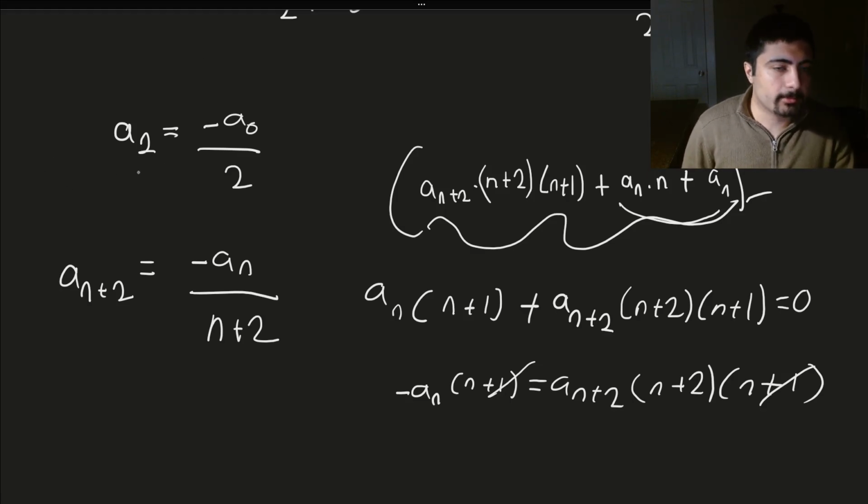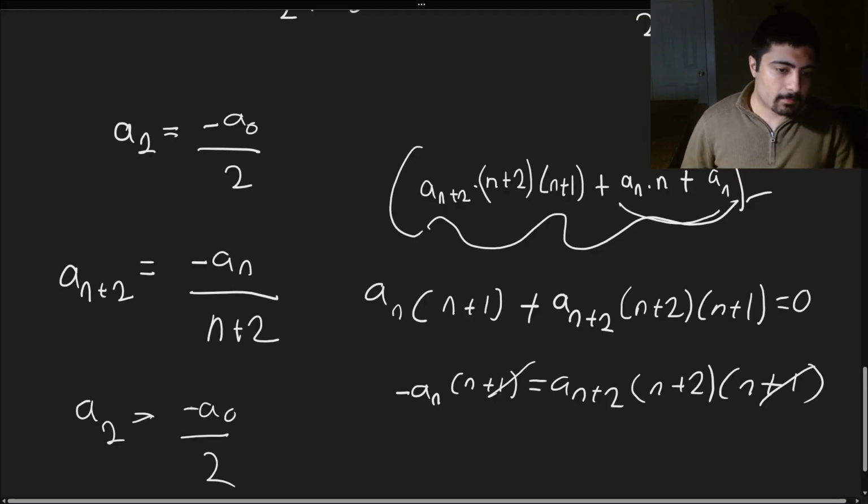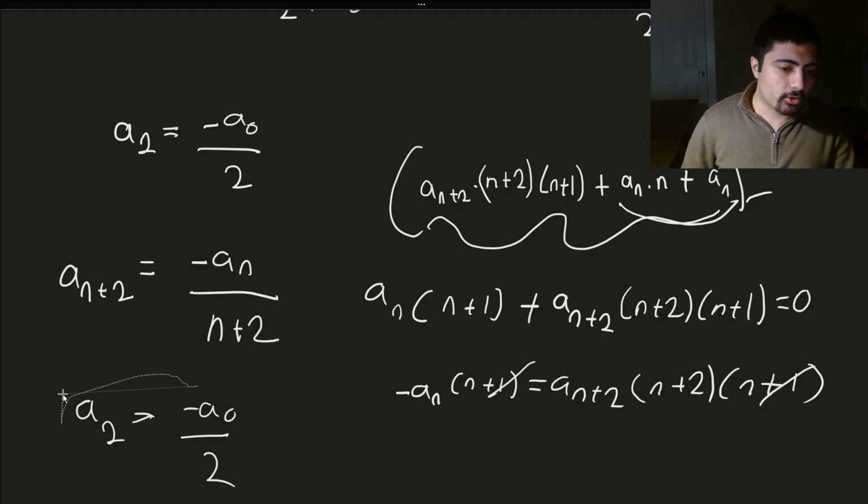We know the first term of this relationship and another term of this relationship, and we can confirm. Plug n equals 0. What happens? You get a sub 2 equals negative a sub 0 over 2, which does match the first given condition. So this is good. This means that what we're doing is working.